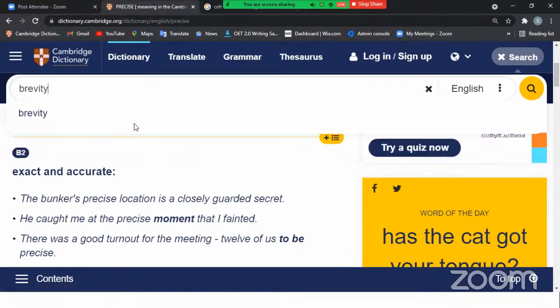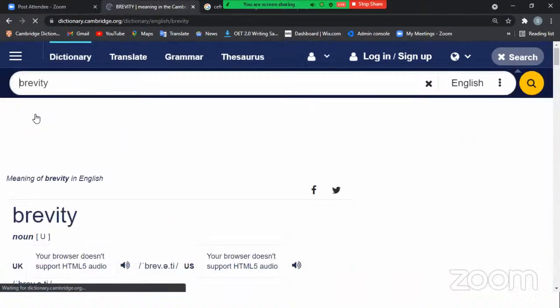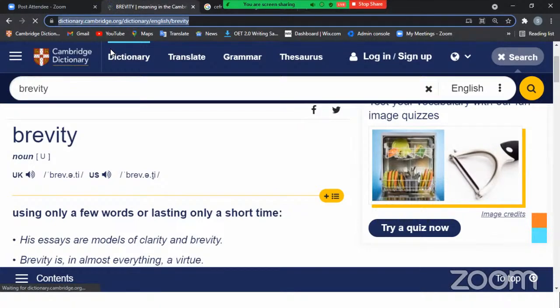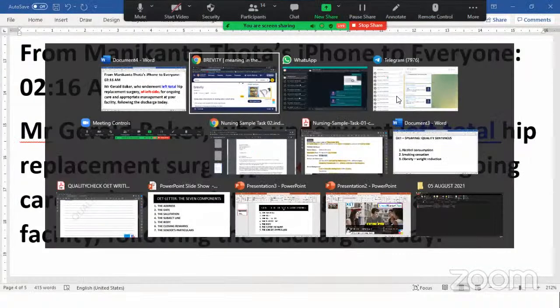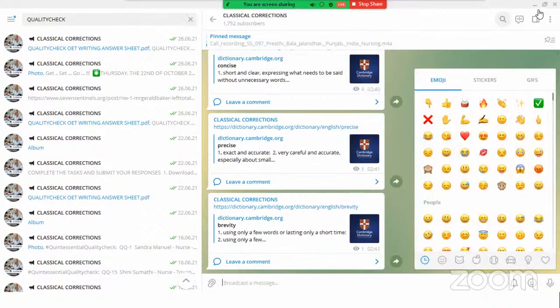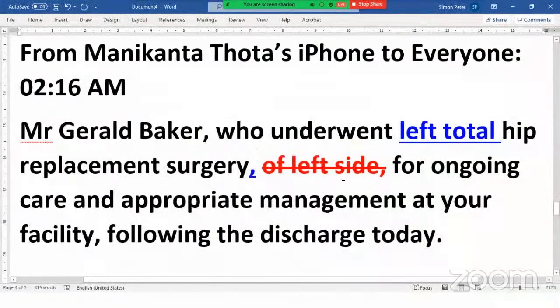Brief, brevity: using only a few words, which means limit. There's another word. Right. Yes, that is the point.